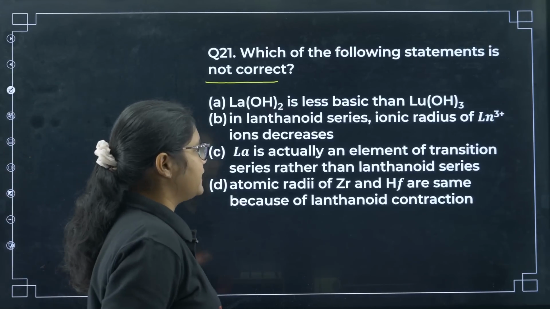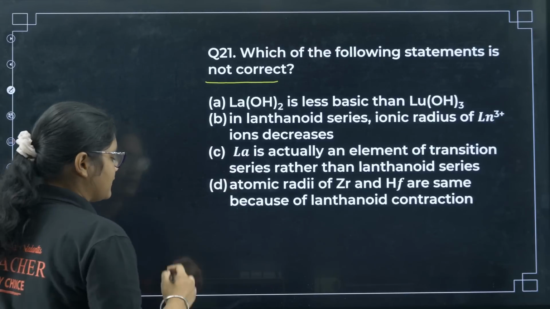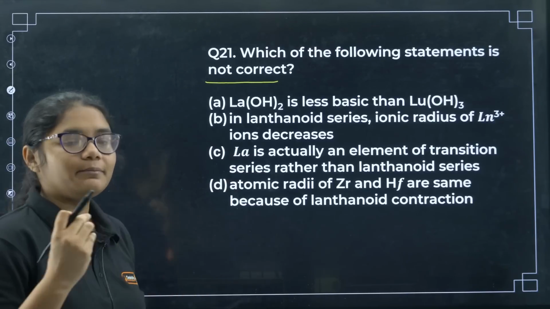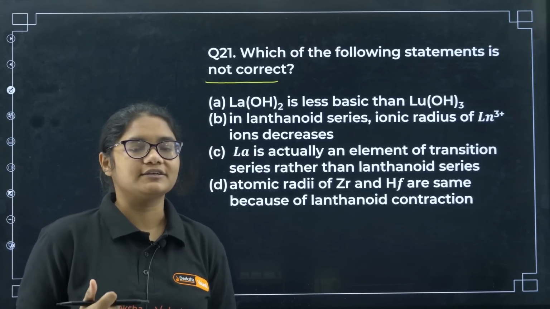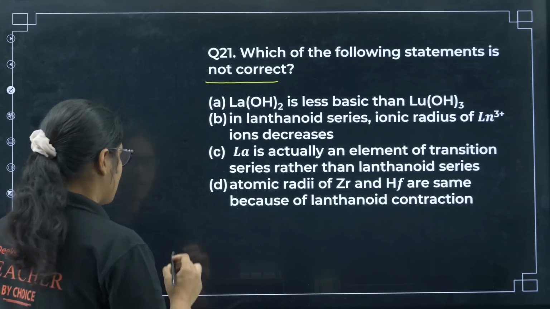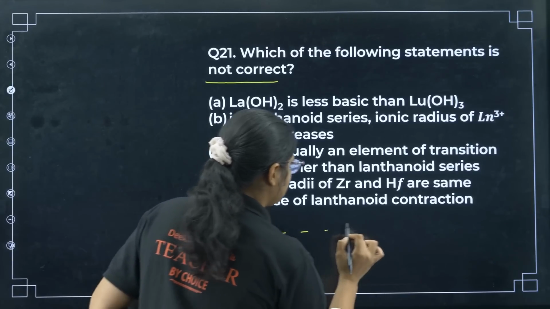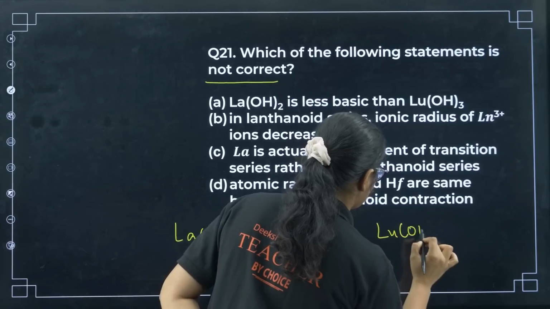Lanthanum hydroxide is less basic than lutetium hydroxide. So if you remember, one of the major consequences of lanthanide contraction is that the basicity decreases along a period, right? So we have here lanthanum, okay, and the last element here is lutetium hydroxide.